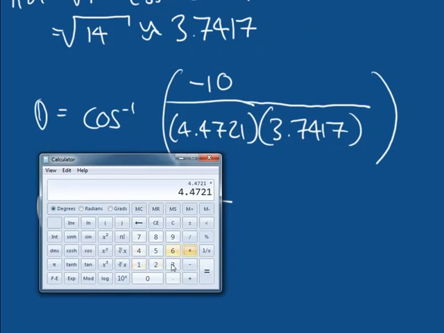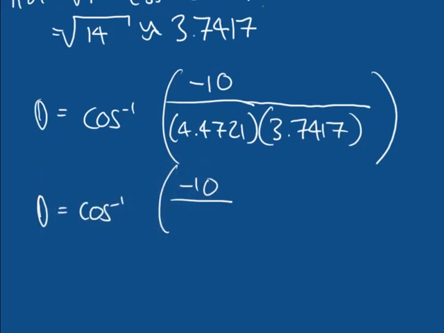4.4721 times 3.7417 is approximately 16.7333 if we were to round that to 4 decimal places.